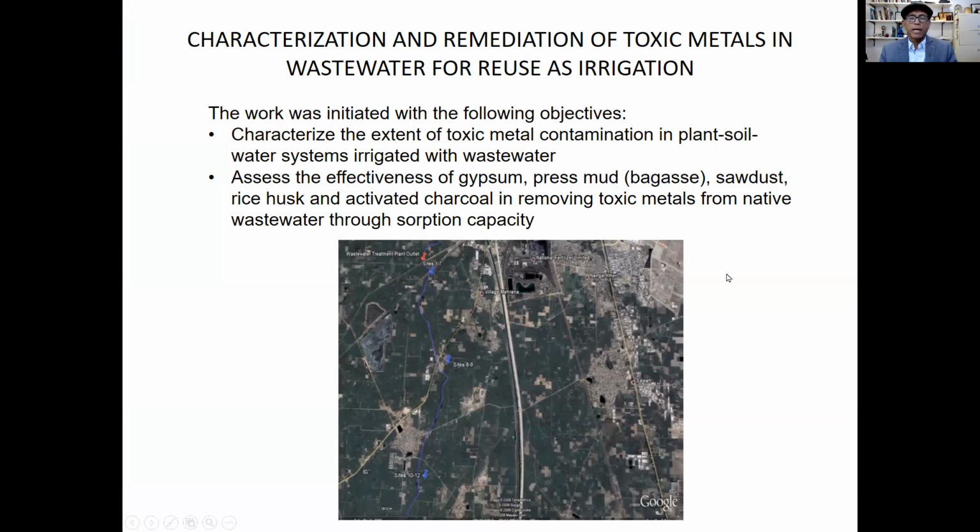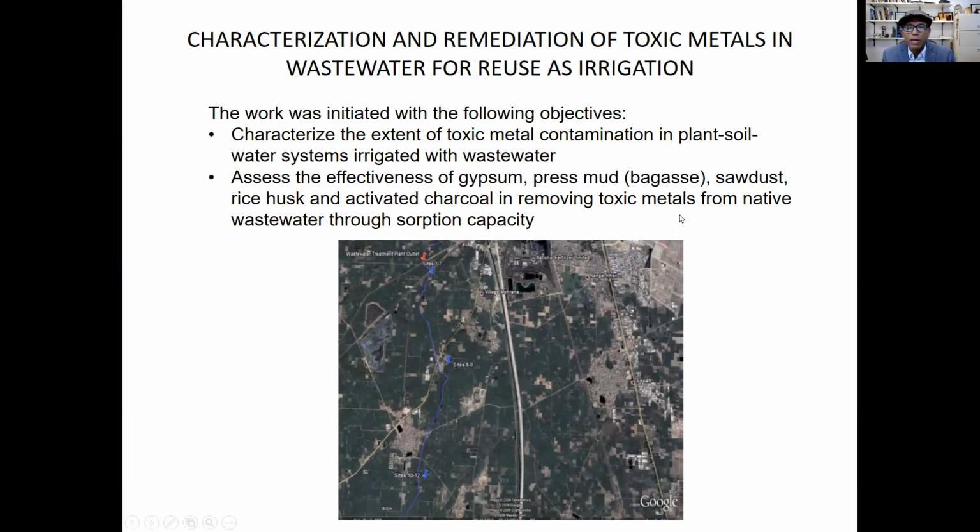Another way to get more water for reuse is the wastewater from industries. Industrial wastewater usually comes with lots of heavy metals and other things that you cannot use for any other purposes because it will damage the system. If you use that as irrigation, it will damage your soils and other things.